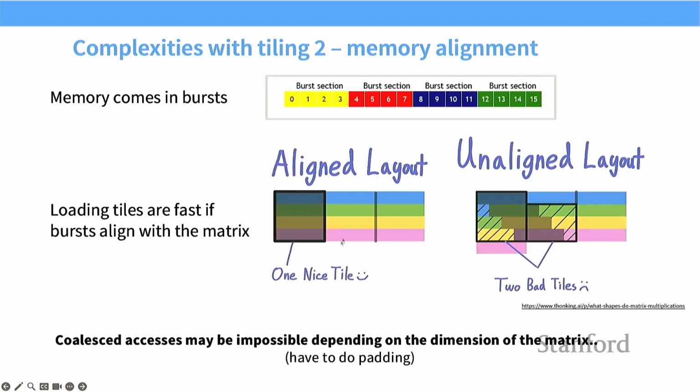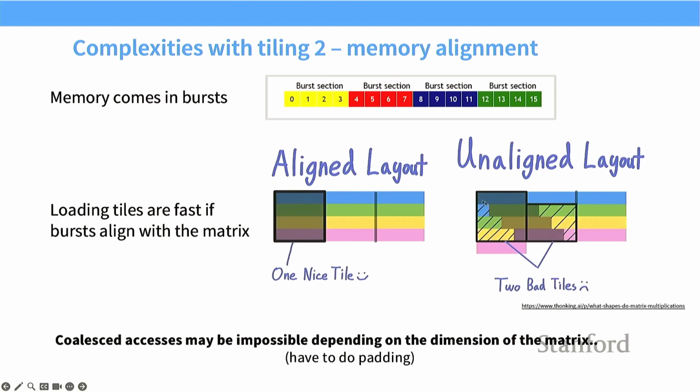So to read this tile, all I have to do is get 4 different burst sections, and I've gotten this entire tile. Now imagine what happens if I add 1 element extra, and the way the matrix is laid out, my burst sections flow over.